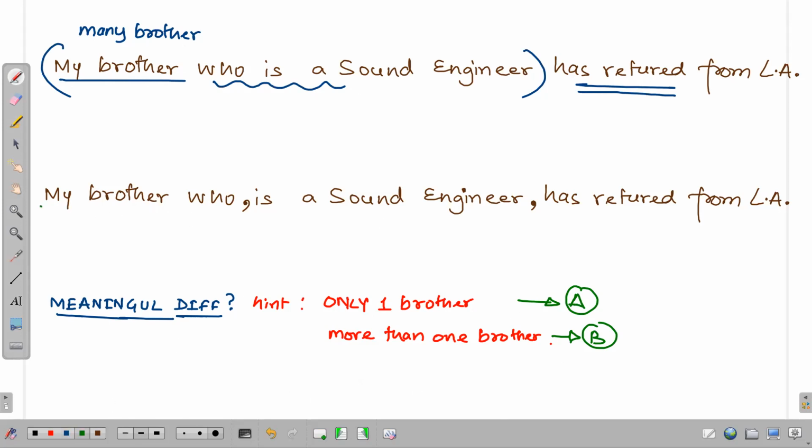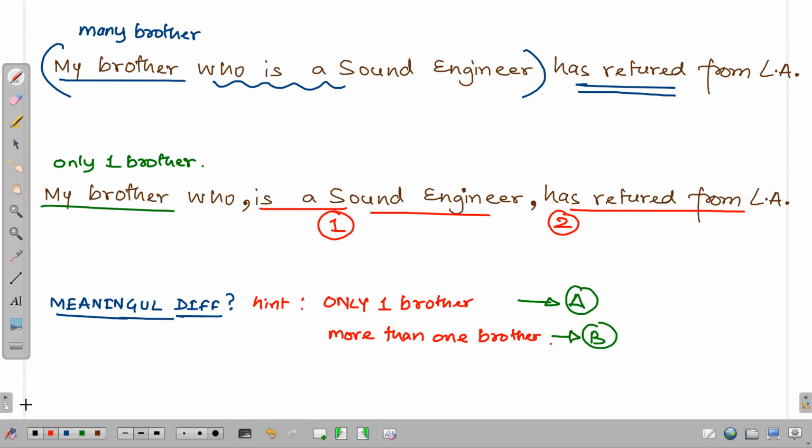However, in this case, I have only one brother, for whom I'm giving you two pieces of information. Number one, he is a sound engineer, and number two, he is the one who has returned from LA.